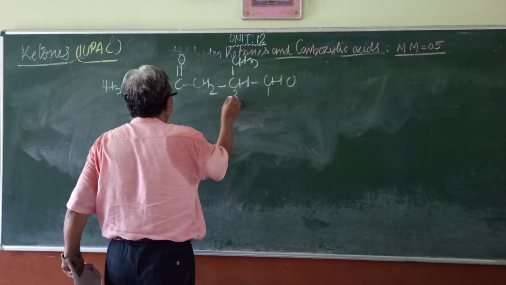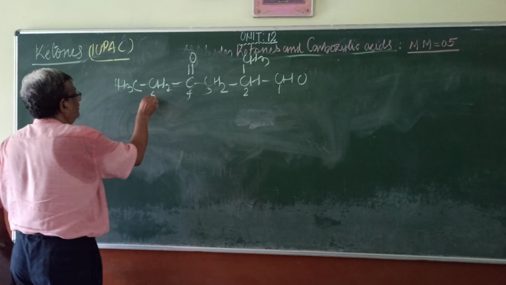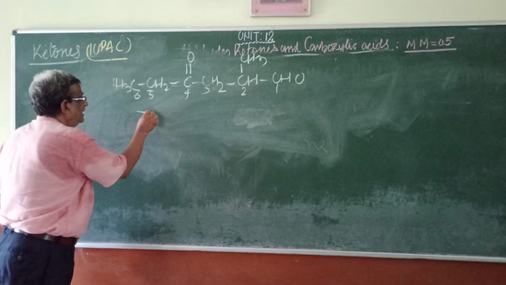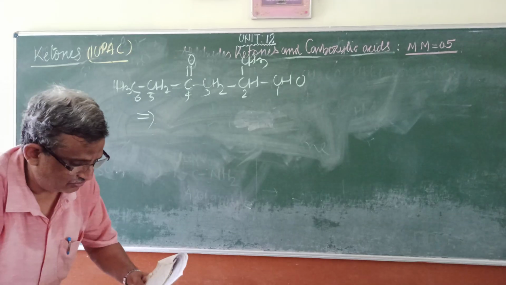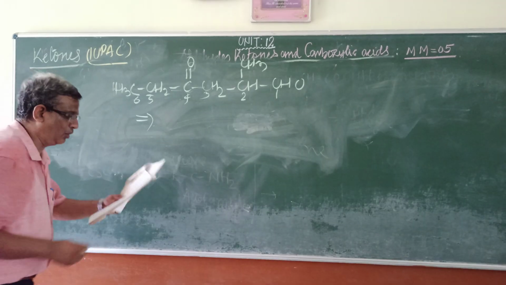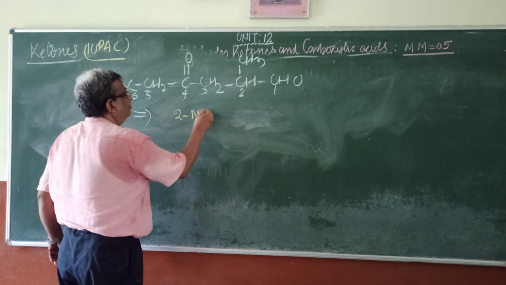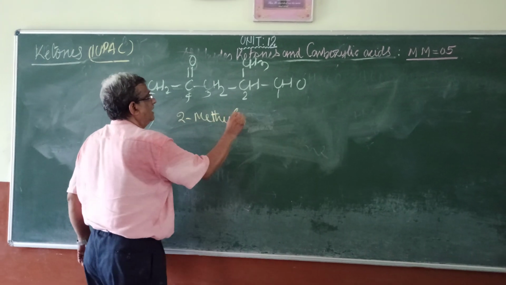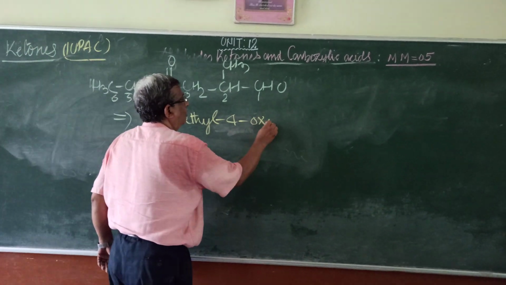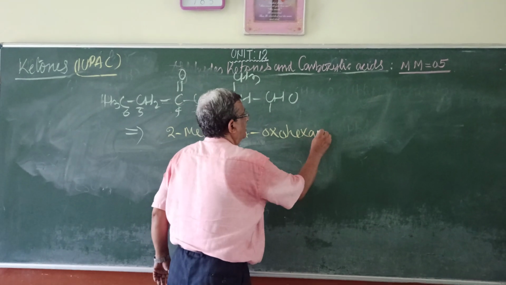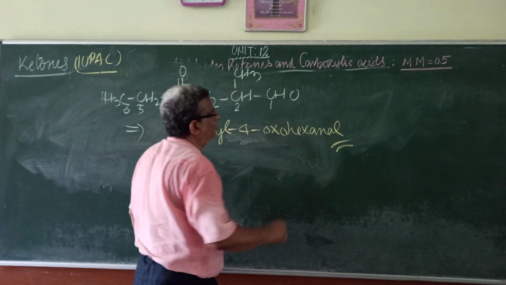Numbering from here 1, 2, 3, 4, 5 and 6. And the name of this compound is 2-methyl-4-oxohexanal. Thank you very much.